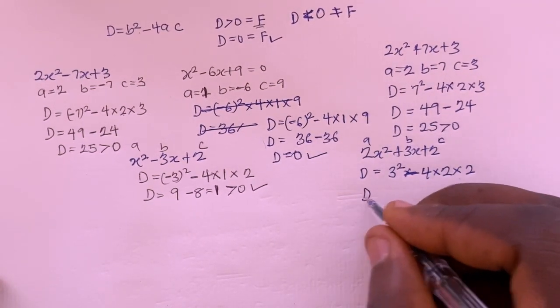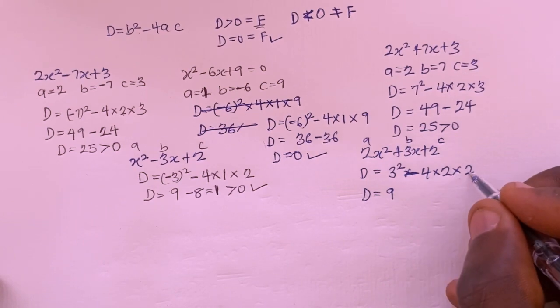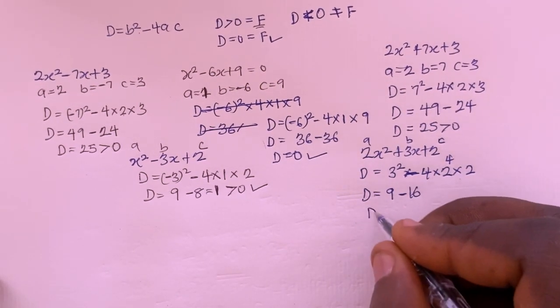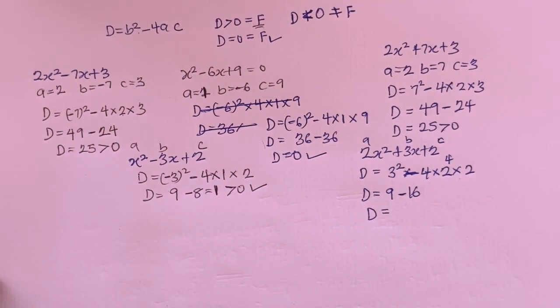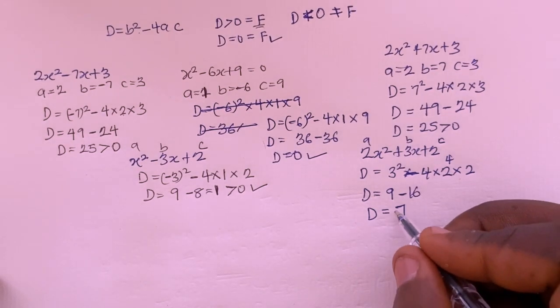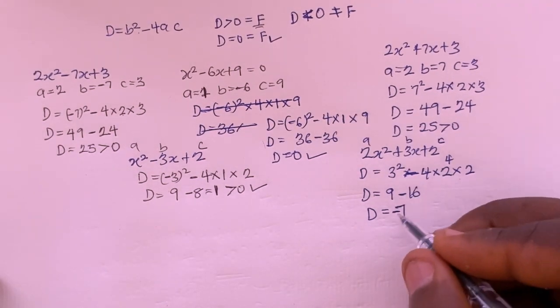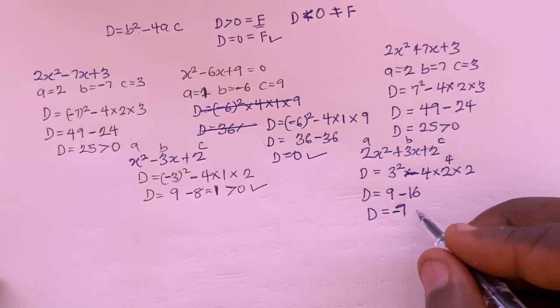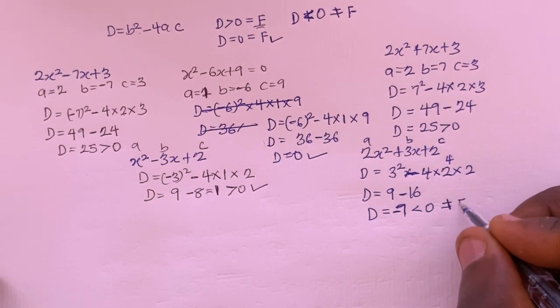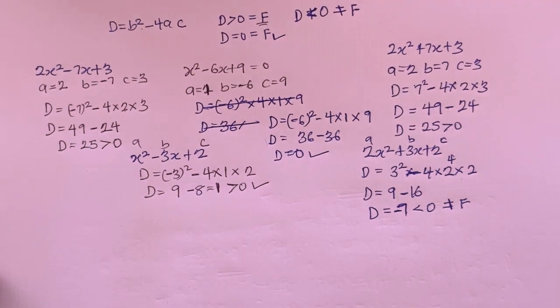So here D equals 9, then 2 multiplied by 2 is 4, multiplied by 4, that's minus 16. So 9 minus 16 gives us minus 7. And minus 7 is less than 0. It shows that this equation is not easily factorizable. Exactly, it is not easily factorizable.